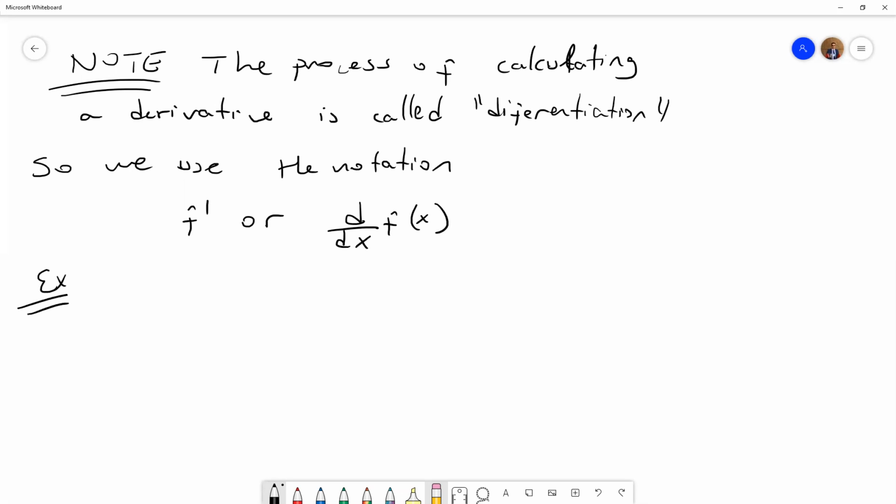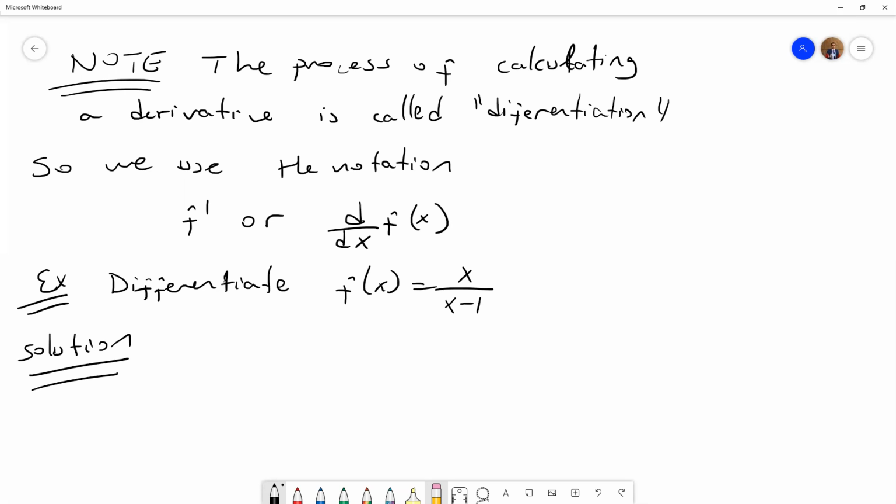So the example is, question is, differentiate f(x) is equal to x over x minus 1. So the solution is like that.